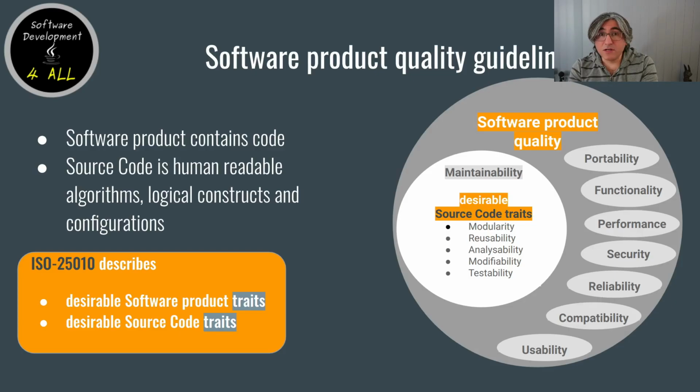So we're not talking about software product in total, because that would entail everything working together, but we're talking really about how to get clean software code that is compliant to the software product quality as defined in the ISO 25010 standard.